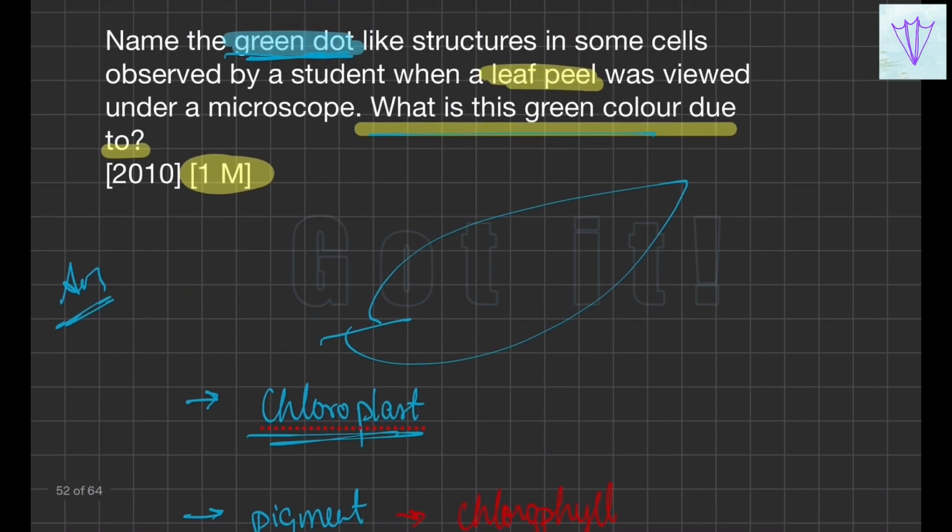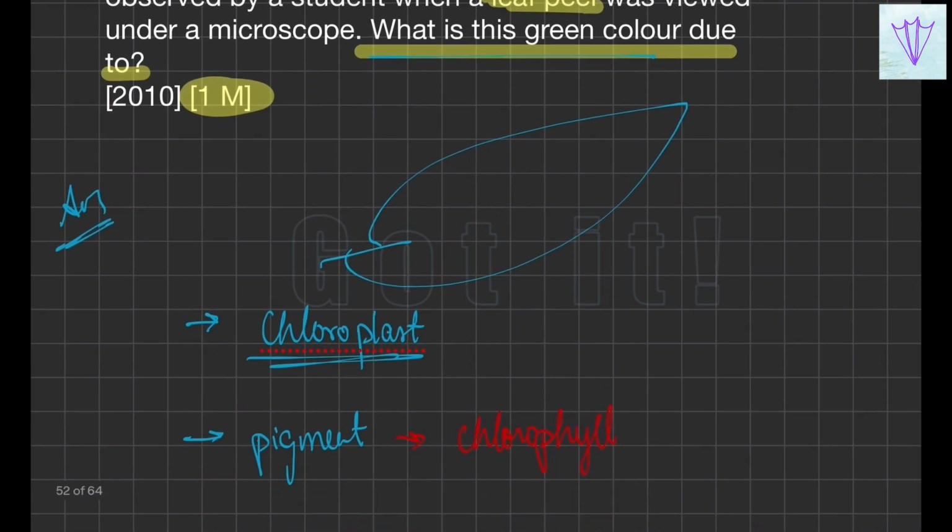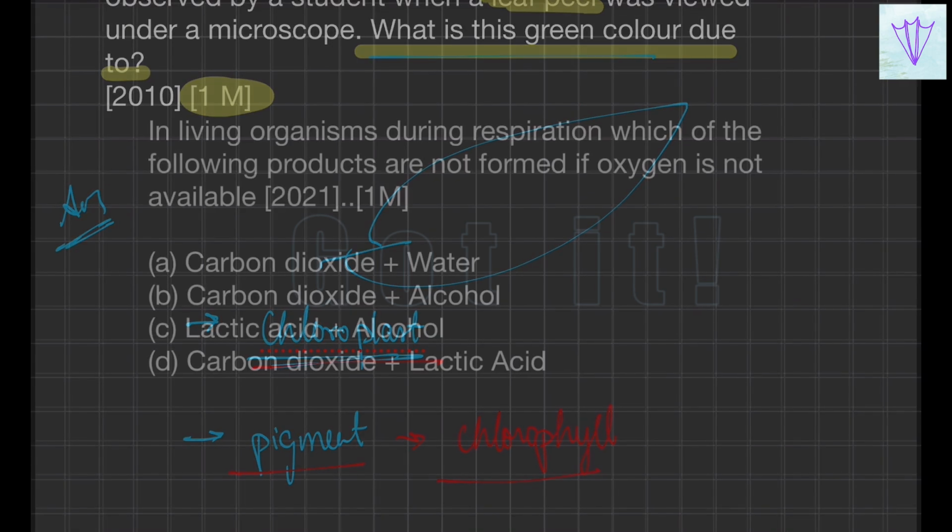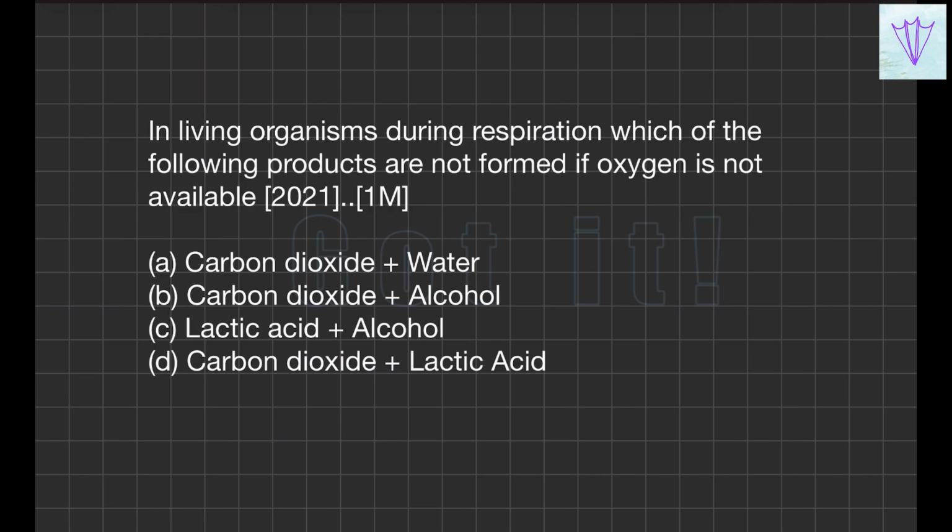So that's the only thing they've asked: what is it that you are observing, what is a green dot, and why is it green. So you write it is chloroplast and it is green because of the green pigment, which is chlorophyll.